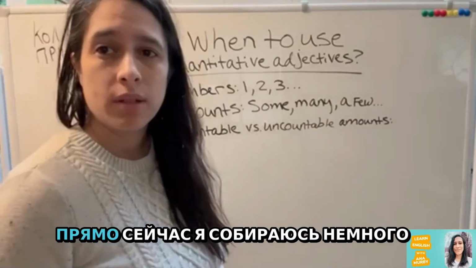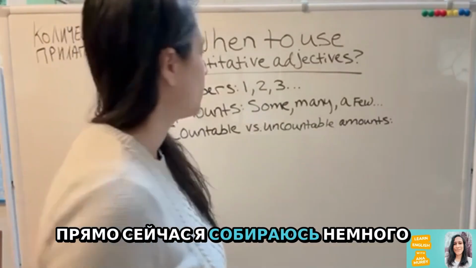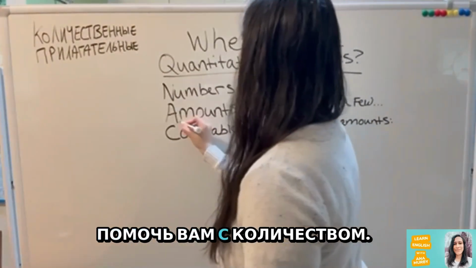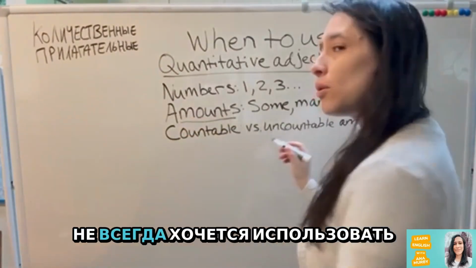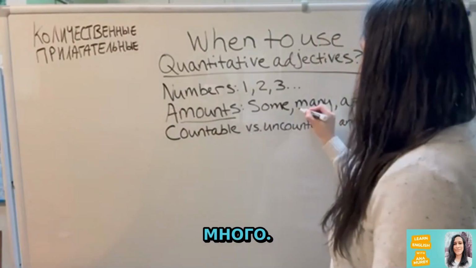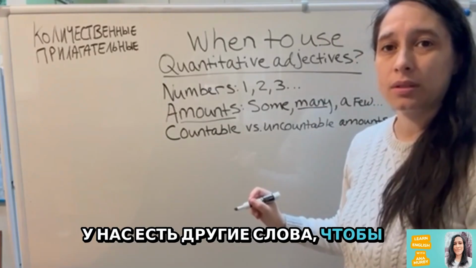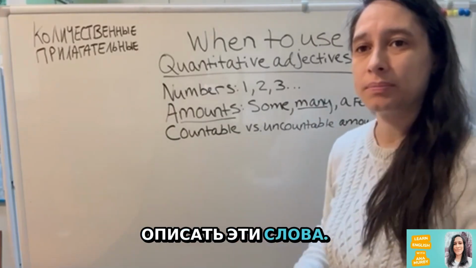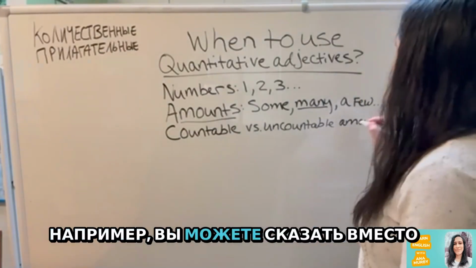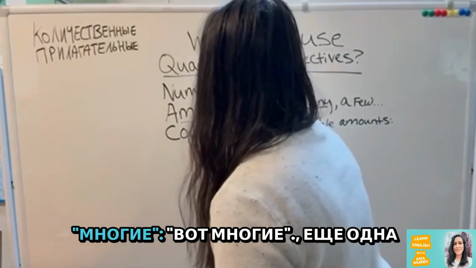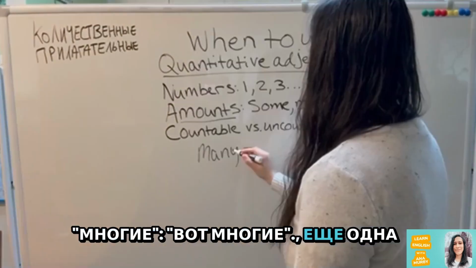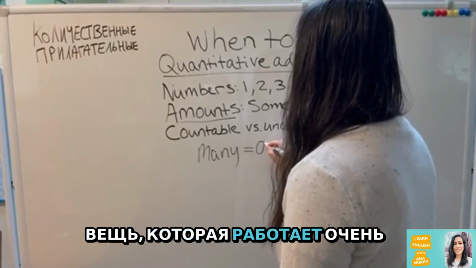Right now, I'm going to give you some help for amounts. You don't always want to use many. We have other words to describe these words. For example, instead of many, another thing that works is a lot.